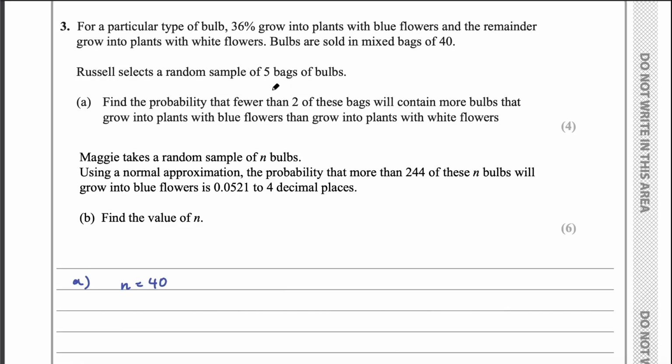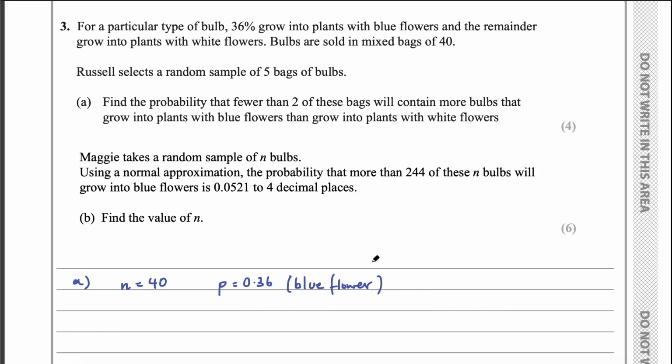If we call getting a blue flower the success, the probability of success would be 36%, the probability of getting a blue flower from a bulb. So we can say p equals 0.36, and then the chance of getting a white flower would be 0.64. But we don't really need to worry about that at this stage. We just need the probability of success, and this is to get a blue flower.